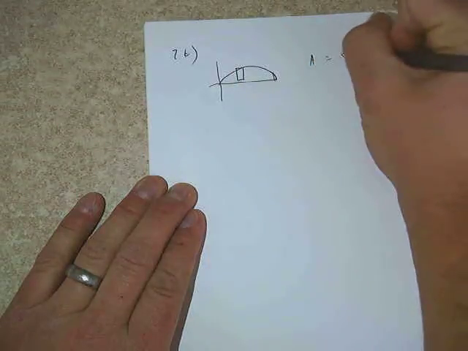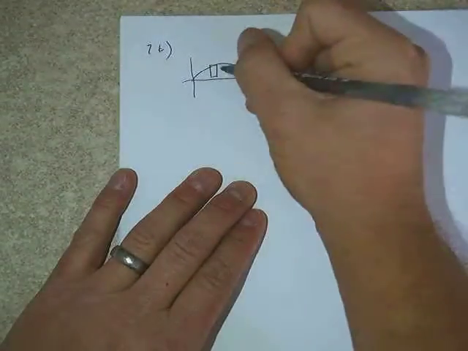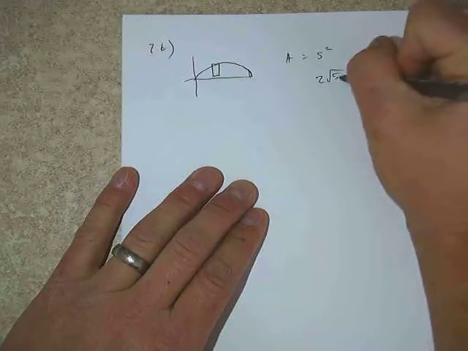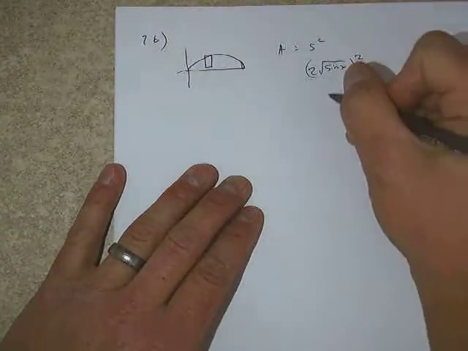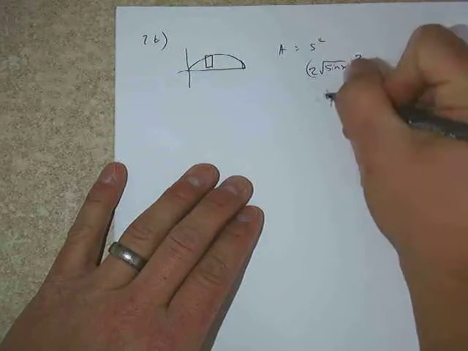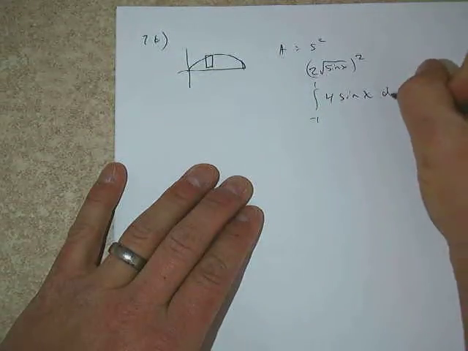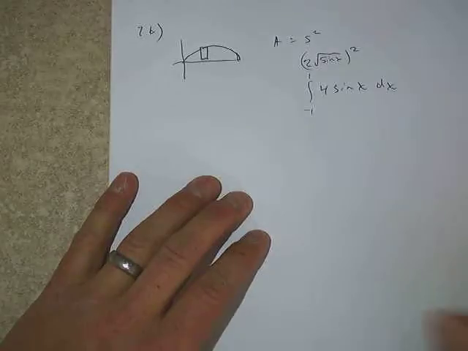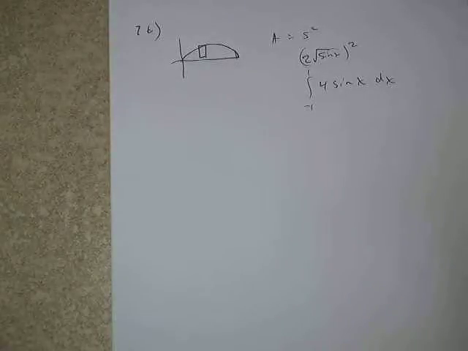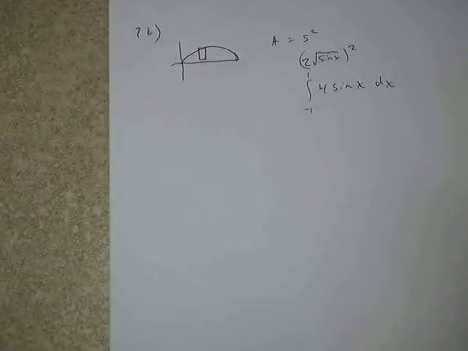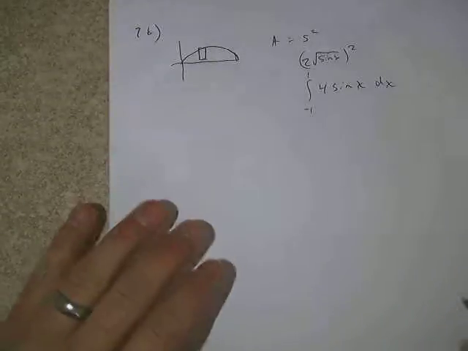Ultimately, if we did that with our squares, our general formula would just be A equals s squared. Remember, the side length would just be the function, wouldn't it? So wouldn't that be the side length? So it would be 4 sine x would be our integrand on negative 1 to 1. So I'll let you do the integral part of that one. We got the setup part.